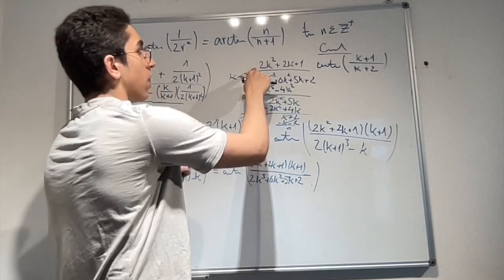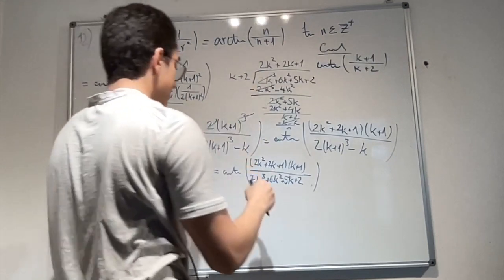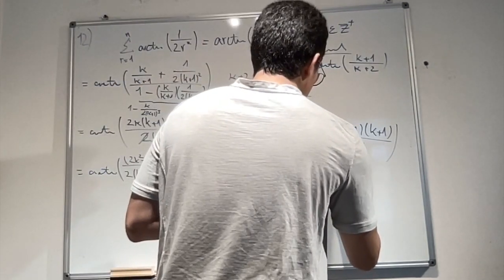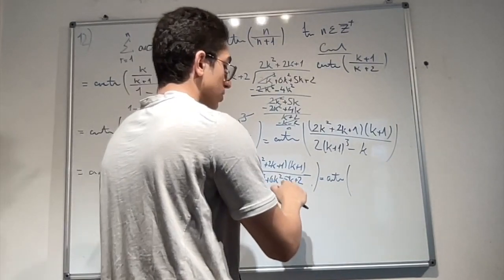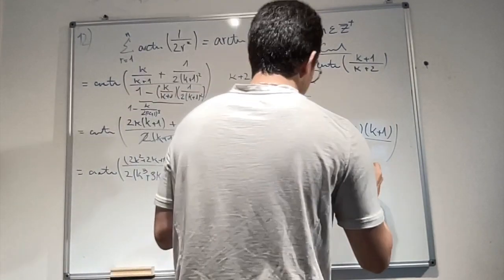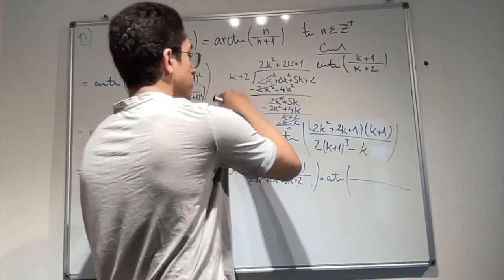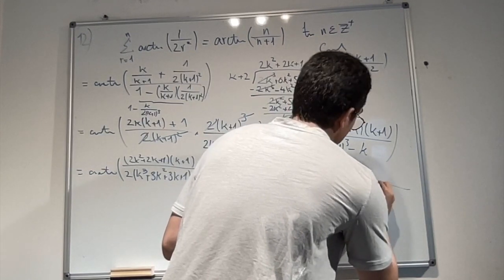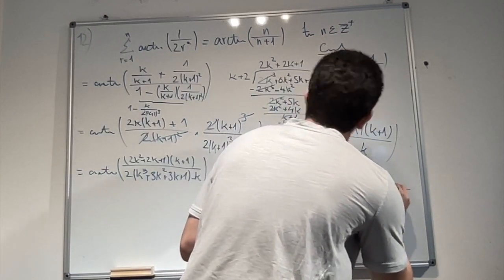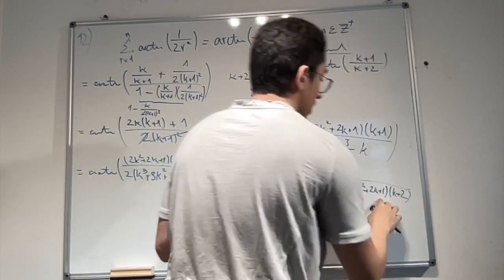This is the function you got, right? 2k squared plus 2k plus 1. If you substitute in, instead of 2k cubed plus 6k squared plus 5k plus 2, you substitute in 2k squared plus 2k plus 1 times k plus 2. This is your denominator now.